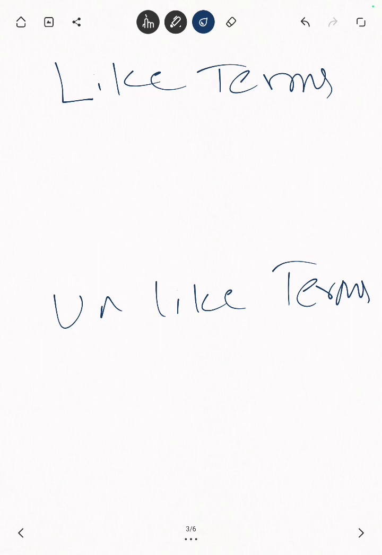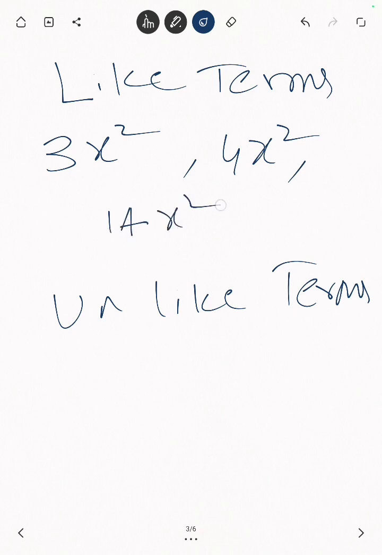For example, 3x square, 4x square, 14x square, minus 14x square. All these things are like terms.